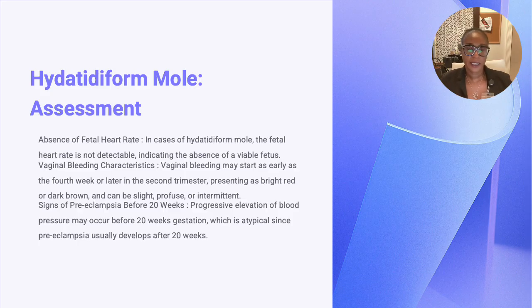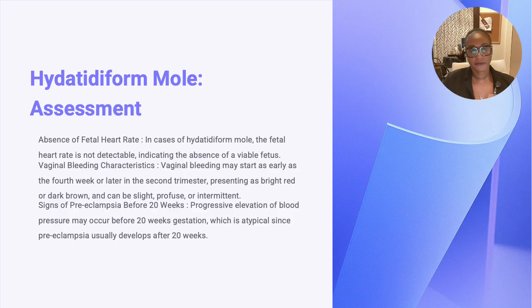So some typical assessment is going to include fetal heart rate that is not detectable, and vaginal bleeding, which may occur by the 4th week or not until the 2nd trimester. This is going to be bright red or dark brown in color, and may be slight, profuse, or intermittent.